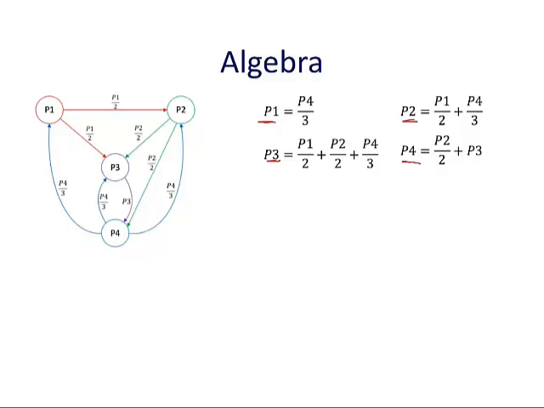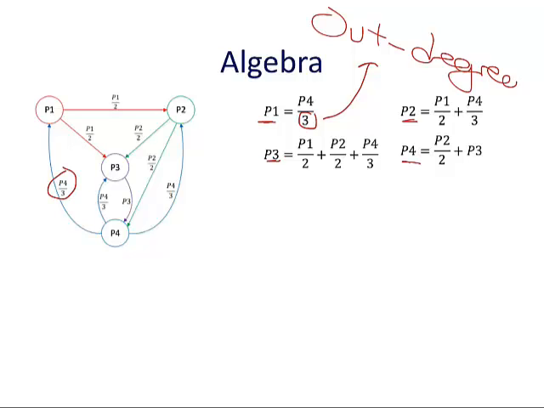We should note that the denominator in each of the terms is called the out degree of the node. So this 3 right here is the out degree of P4, because P4 gets divided by 3 since it has 3 outgoing links.